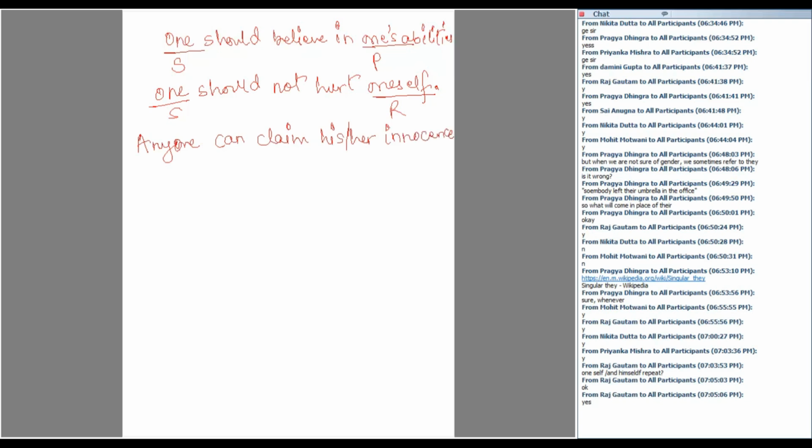Now see, I used anyone as the subject. So for the possessive case, I have to use his or her. I cannot say anyone can claim one's innocence. Okay, is this clear? Another example I will give you.